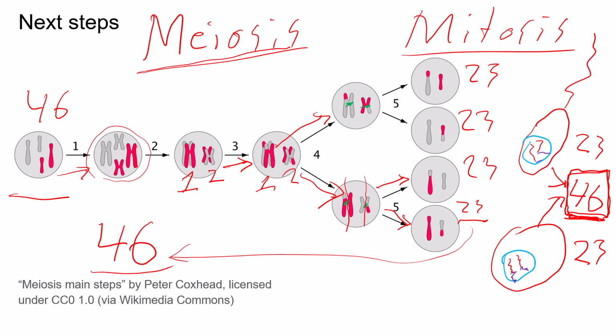He mixed up some of his genes and he gave you 23 from his 46. And so you got 23 from mom and 23 from dad, and that makes 46 for you. Now this process where the genes are mixed up and then split apart, that is called meiosis.